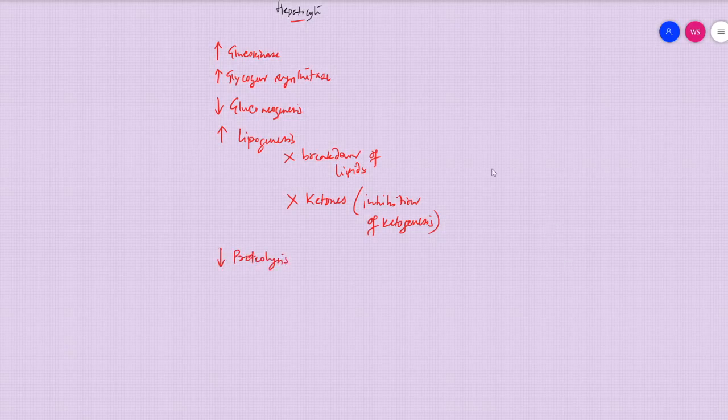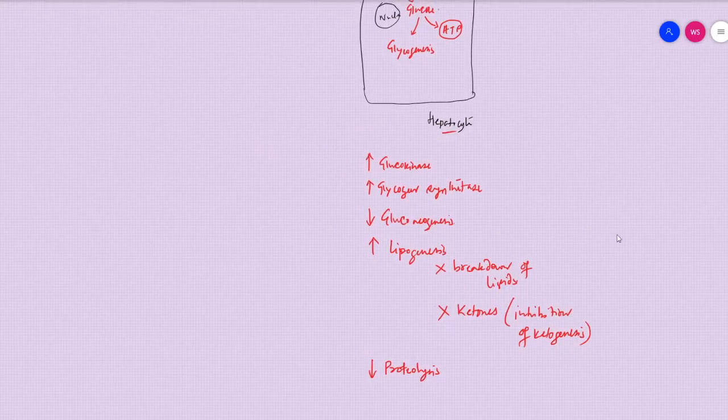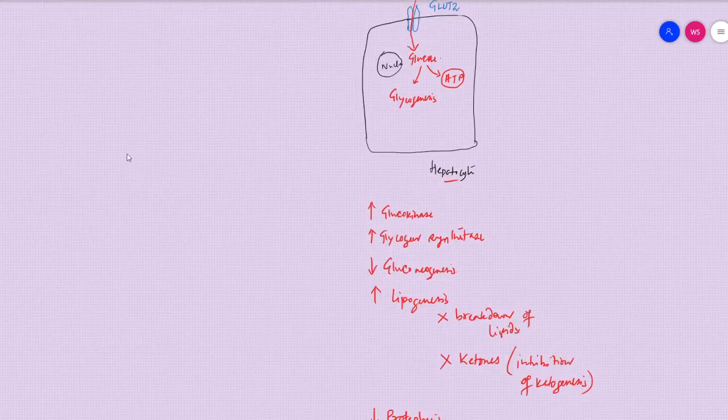So what is metabolism then? We have insulin, and it has metabolic effects.